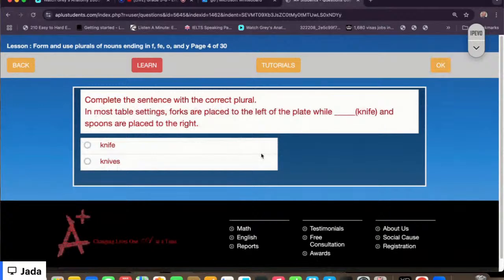So, what is the right plural here of knife? Alright, so knives.